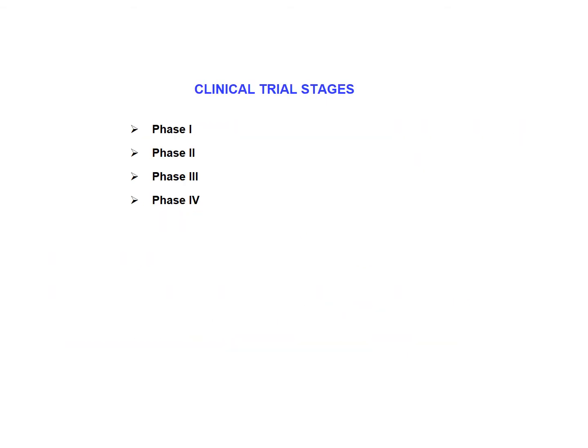The various stages of the clinical trials are known as phases, with Roman numerals: phase 1, phase 2, phase 3, and phase 4.